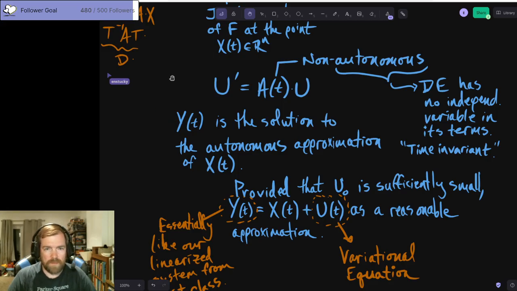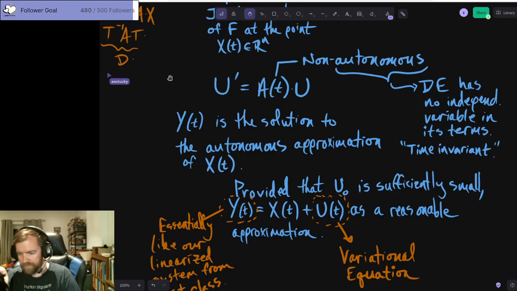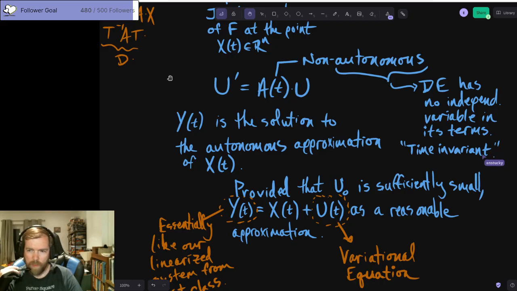And that works because f of x is going to be approximately linear at small scales, in the sense that you can break apart f of y into f of x plus f of u. So in this particular case, it's actually not linearity that we care about. Last time it was linearity; this time it's time variance.